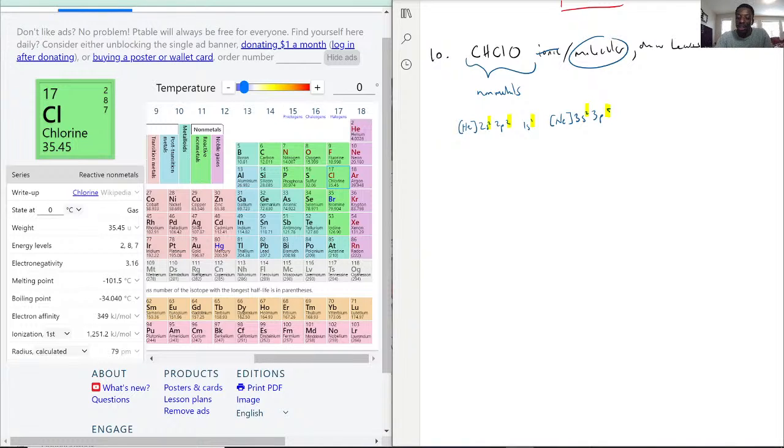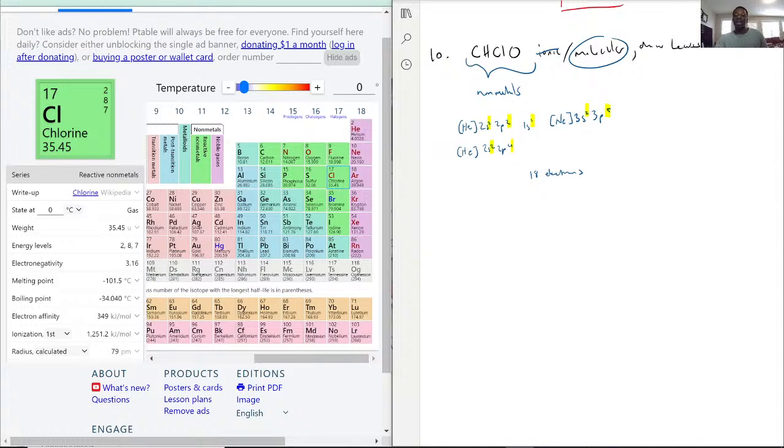And oxygen, the last one, start at helium, 2s2 2p4. So oxygen has 6 electrons to give. In total we have 4 plus 1 plus 7 plus 6, and we get 18. So we're working with 18 electrons.